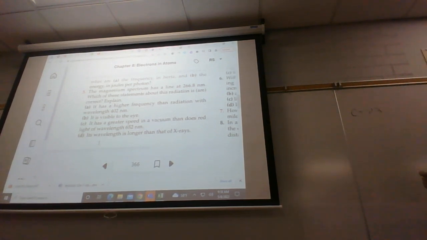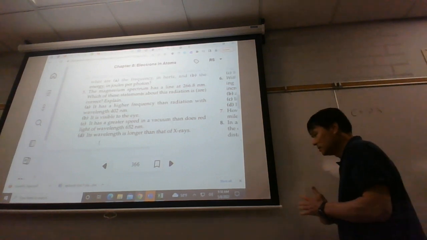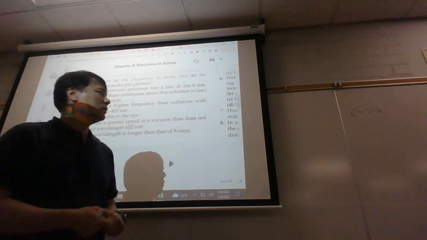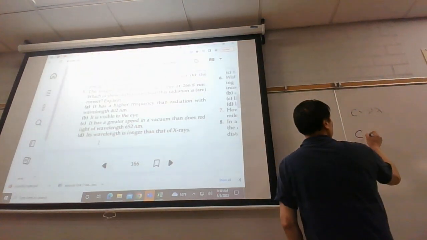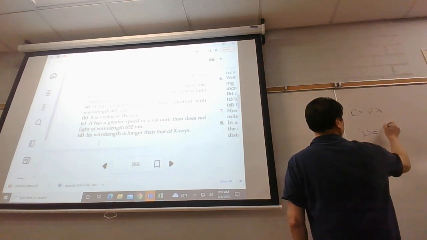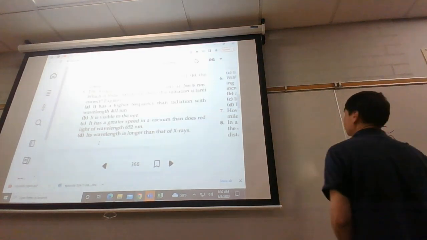So frequency is going to be C over lambda. So we have that.